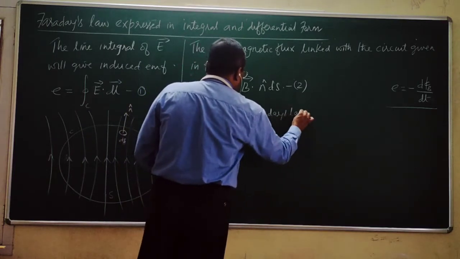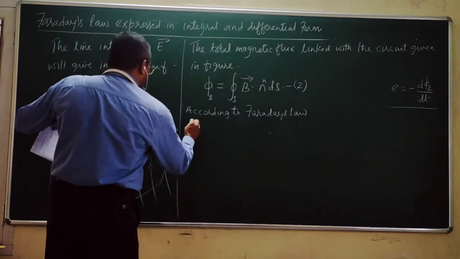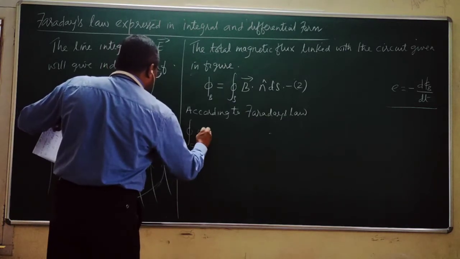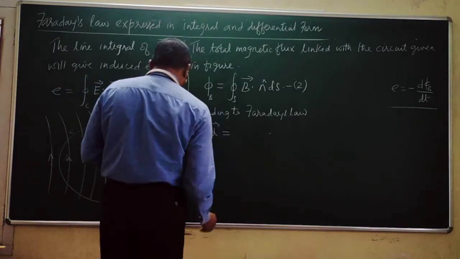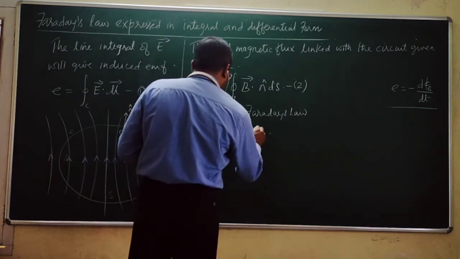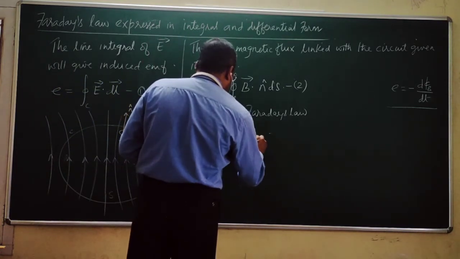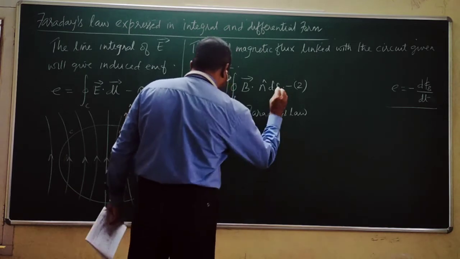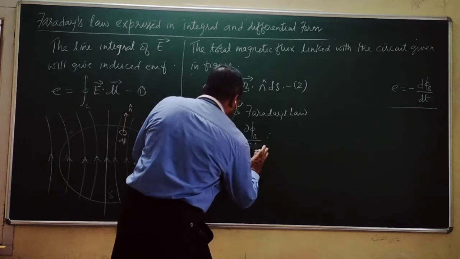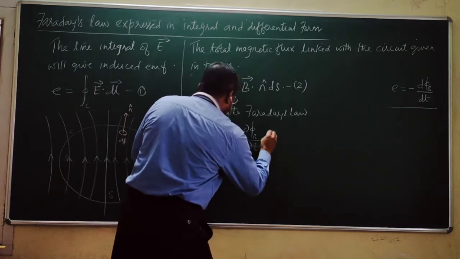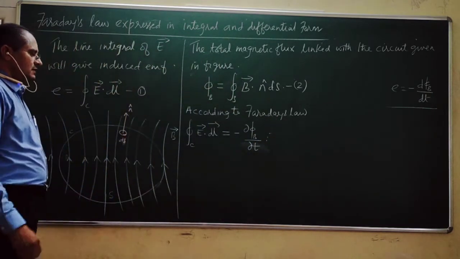Faraday's law, right? Line integral of electric field is equal to minus d phi b by dt.